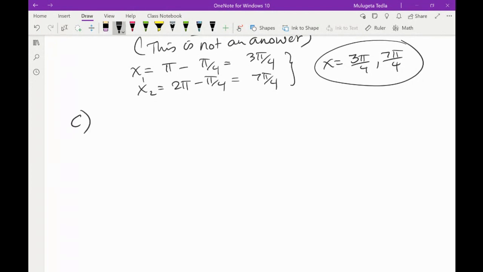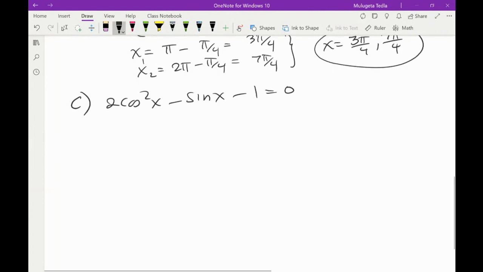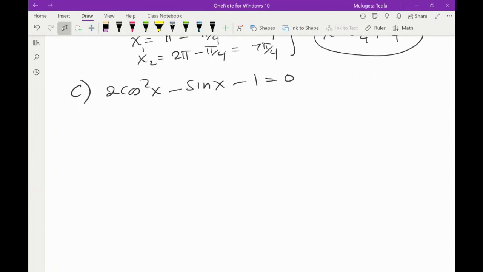Now we have 2 cos squared of x minus sine x minus 1 equals 0. When you see things like that, mixed up, it's better to change one in terms of the other, so you can factorize or use the quadratic formula. We know from section 20.1 that cos squared is 1 minus sine squared of x.